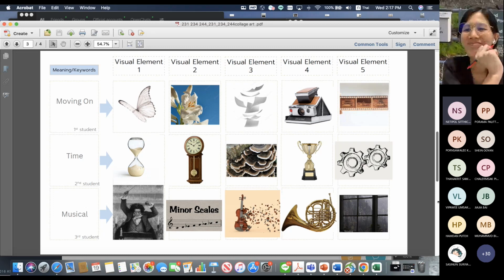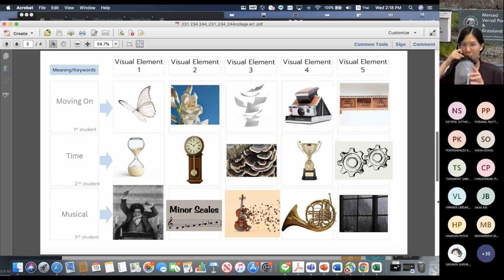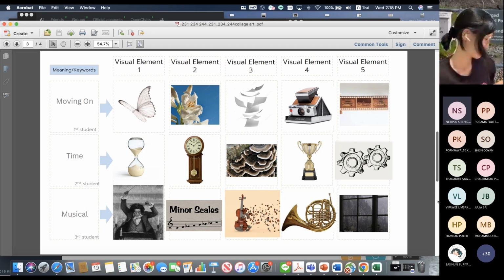Okay, for the musical, the first element is Beethoven. Most people in the world know Beethoven as a genius musician. He created many unique songs that last until now. One of the songs that made him famous is the Moonlight Sonata, which can represent sadness and emotion. For the scale of the notes, it is a minor scale, a scale that makes the sound in a dark tone.